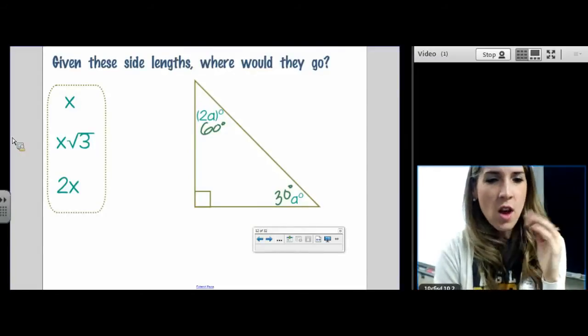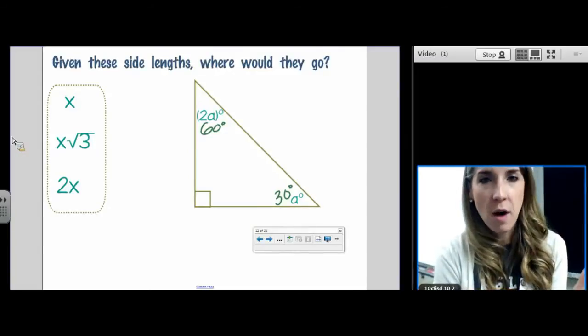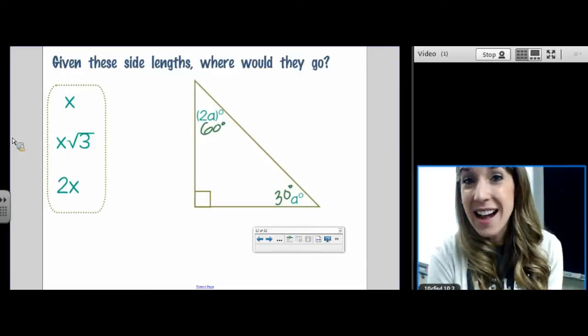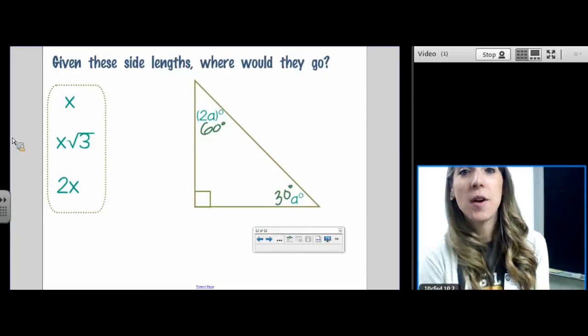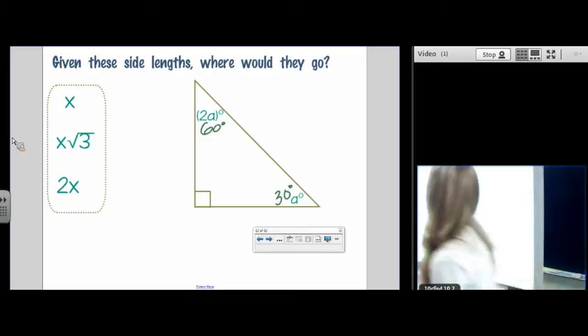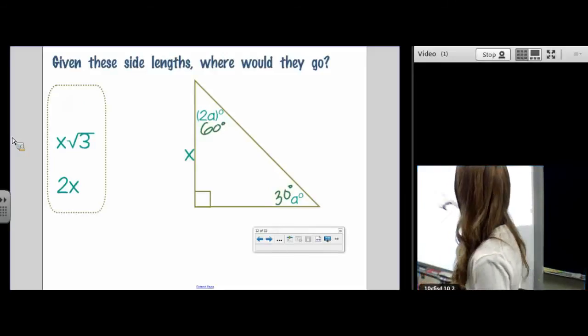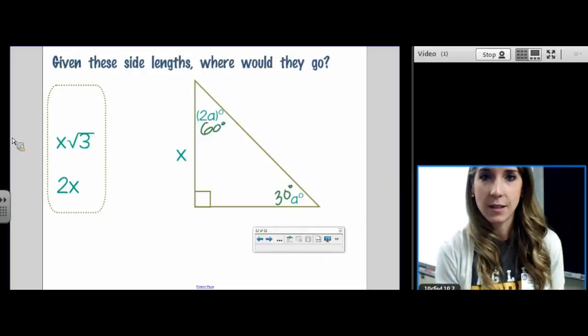Good. Okay. So out of all those numbers, which one is the smallest? The smallest one is x. The smallest side, if you remember from last semester, is going to go across from the smallest angle. The smallest side is going to go across from the smallest angle. So the one across from 30 is x.